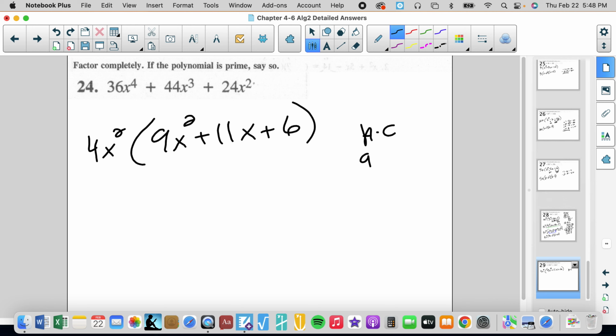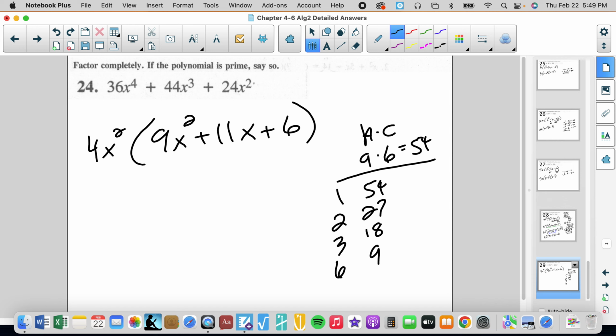A is 9, c is 6. That gives us 54. Factors of 54 are 1 and 54, 2 and 27, 3 and 18, 4, no, 5, no, 6 and 9, hello.